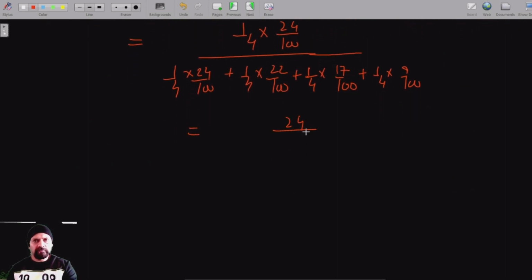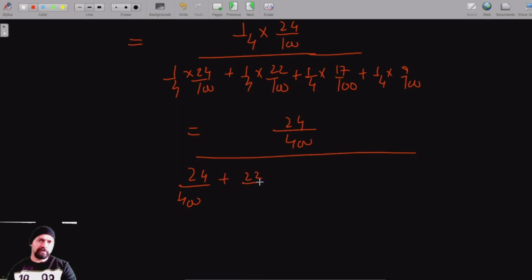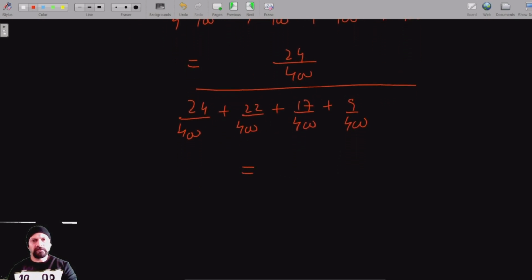And this is now 24 by 400 upon 24 by 400 plus 22 by 400 plus 17 by 400 plus 9 by 400. So in the denominator, 24 plus 22 is 46, 46 plus 9 is 55, and 55 and 17 is 72.